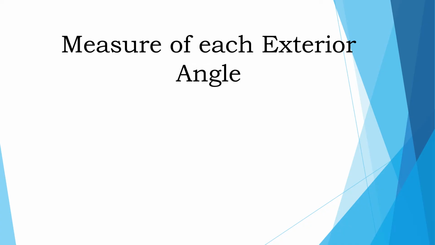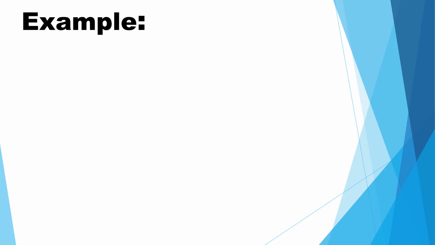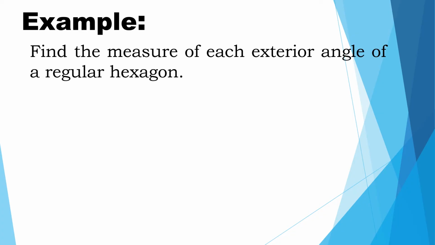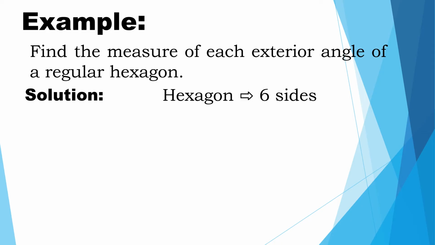To find the measure of each exterior angle, we are going to use the formula 360 degrees divided by n. Example, find the measure of each exterior angle of a regular hexagon. Solution, hexagon has 6 sides. 360 degrees divided by n.